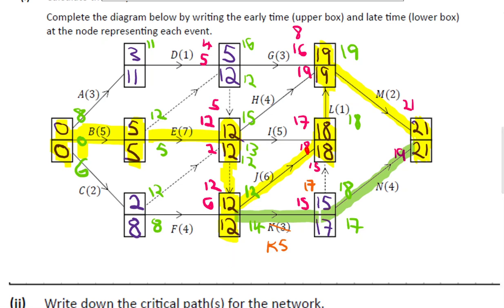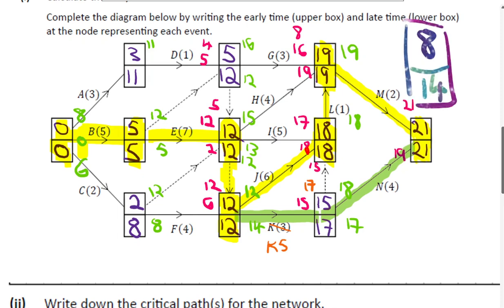So I'd say it would be 8 for, say, the early time, 14 for the late time, or the other way around. Or then 17 and 17 for one correct and another one almost correct.